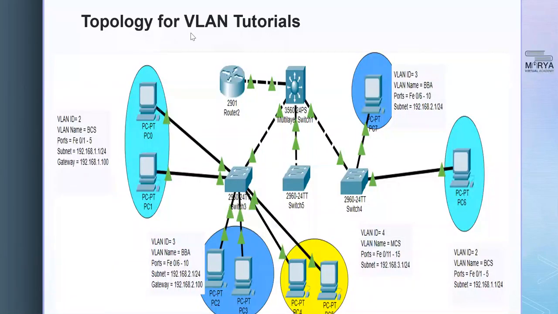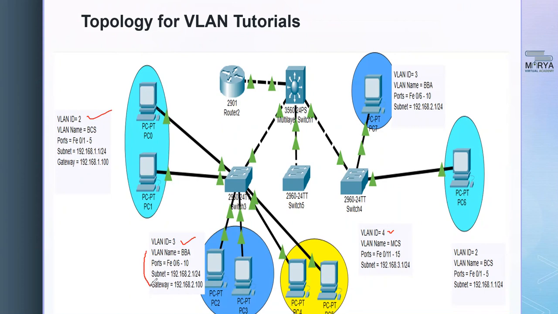First of all, let's discuss the topology. This topology will be developed in this tutorial. It consists of 3 layer 2 switches, 1 layer 3 switch and 1 router. In the access layer switches, I will create 3 VLANs: VLAN 2, VLAN 3 and VLAN 4.